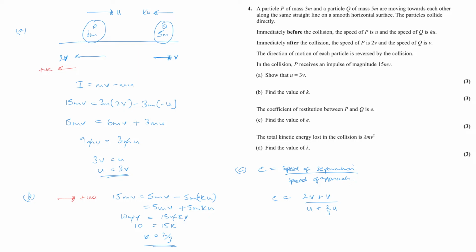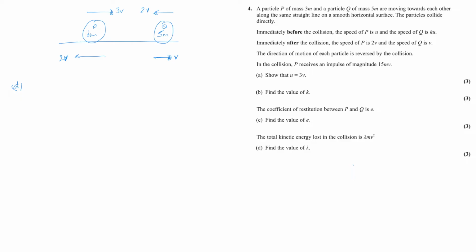And of course we know that u is 3v, so that's 3v over 3v plus 2/3 of 3v, so it's going to be 3v over 5v. The v's will cancel, so e is equal to 3 over 5.